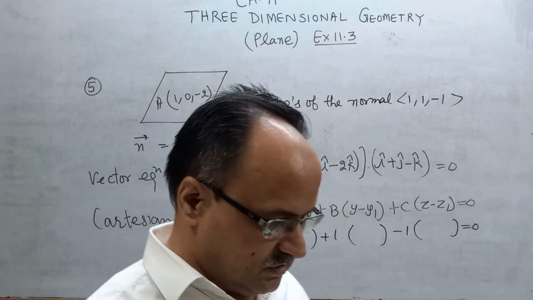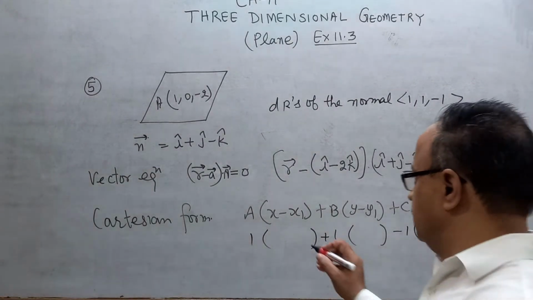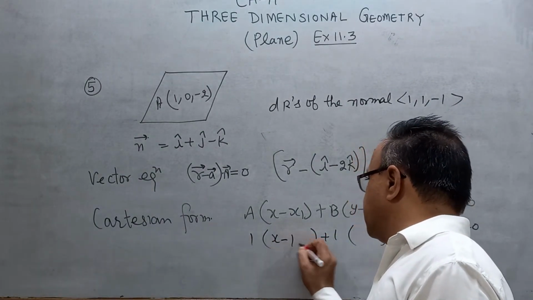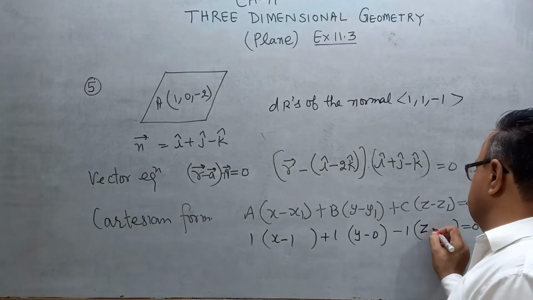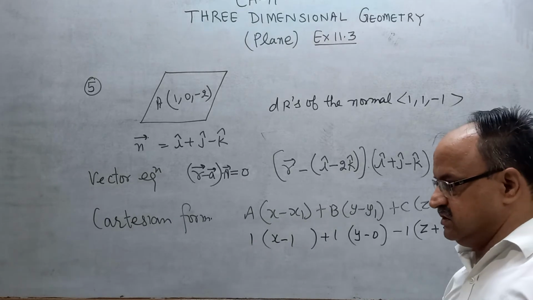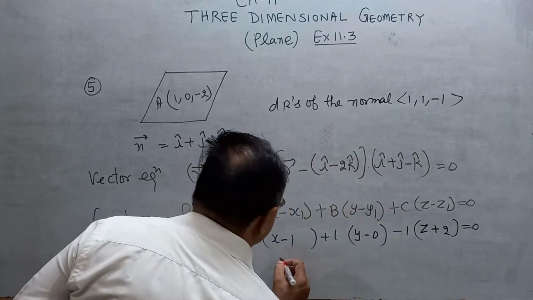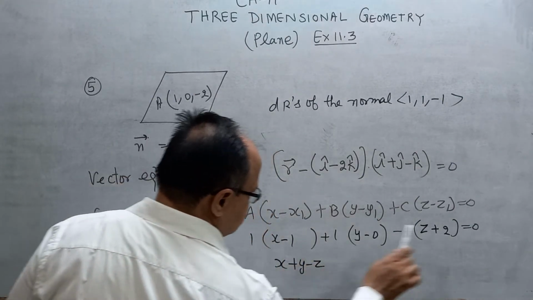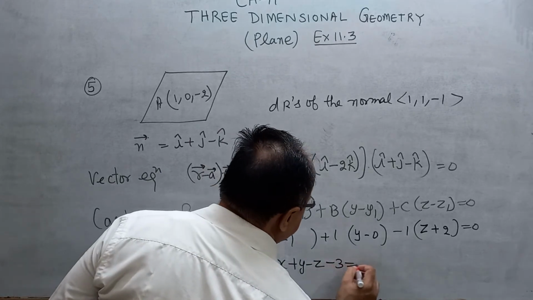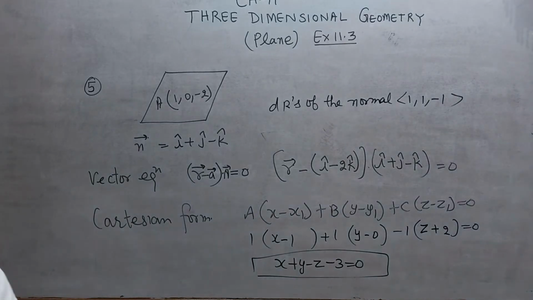And this plane is passing through the point (1, 0, -2), so you can write (x minus 1), (y minus 0) and (z plus 2). Therefore, the equation is x plus y minus z minus 1 minus 2, that is minus 3. This is the Cartesian equation of the plane.